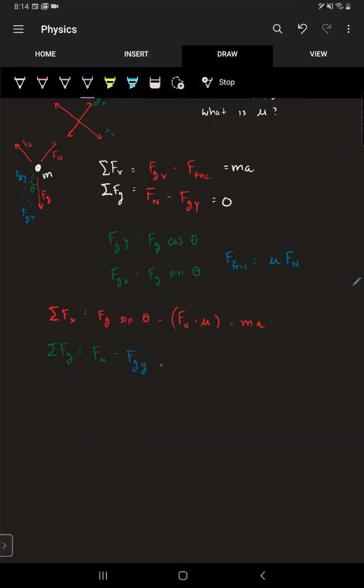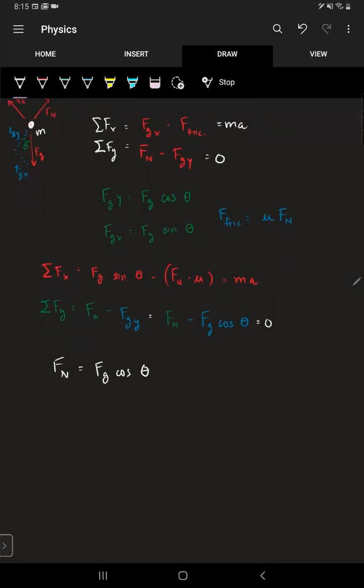So this is equal to f of n minus fg cosine theta, which is all equal to 0. Now if we solve for f of n, we know that f of n is equal to fg cosine theta. So let's take this equation and substitute it into f of n in that one.